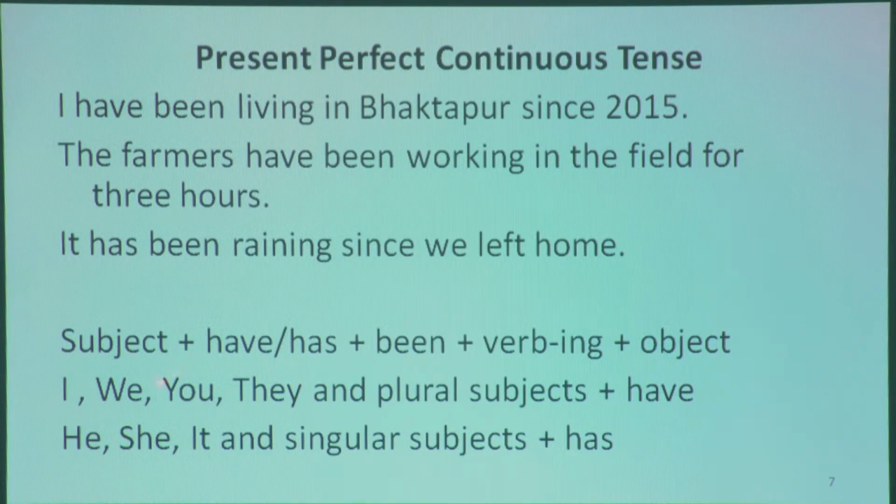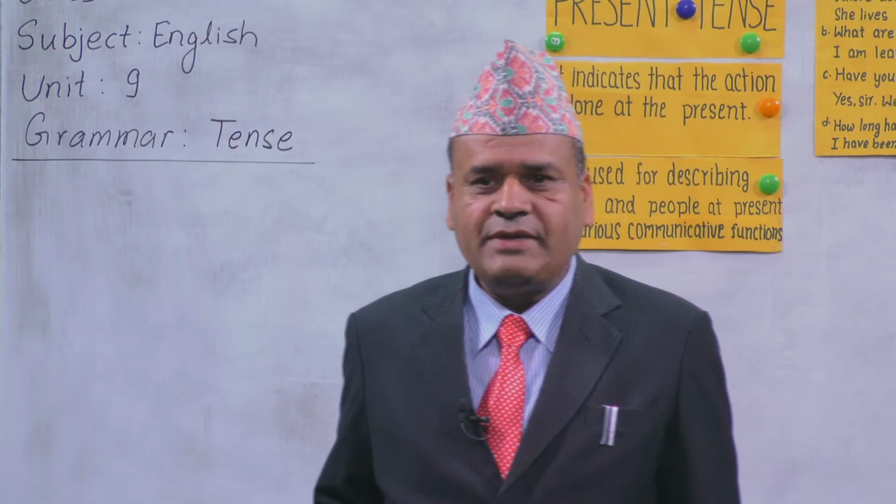And you see, just like we did in present perfect tense, subject plus has, have plus been plus verb ing plus object. This is the structure carried by present perfect continuous tense. Here, I, we, you, they, and plural subjects take have, and he, she, it, and singular subjects take has. That we talked earlier with present perfect tense.